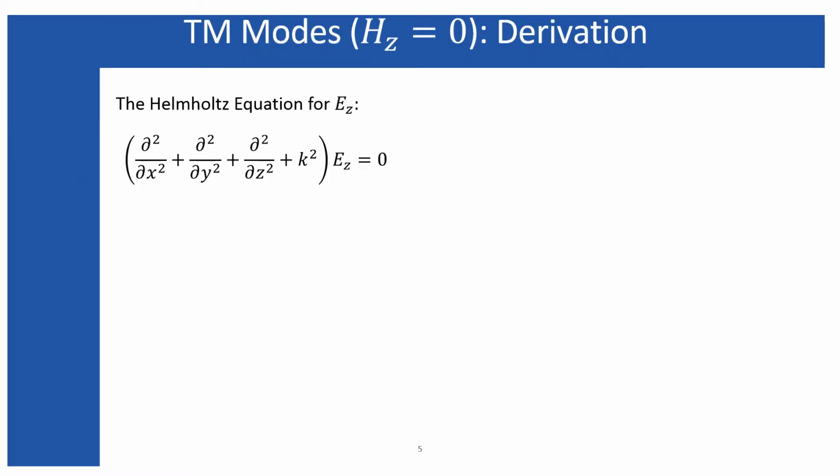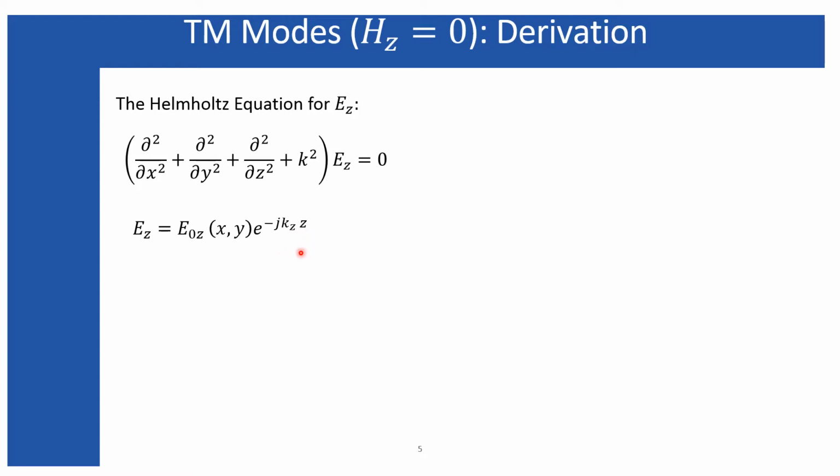The next step is very easy and similar to the previous one: as our Ez component is non-zero, plug this Ez into the Helmholtz equations, considering it has variations along x, y and z. The z dependent term we can include by this e to the power factor, because we know the electromagnetic wave is propagating along the z direction and each component propagates with the same speed and the same wave number.